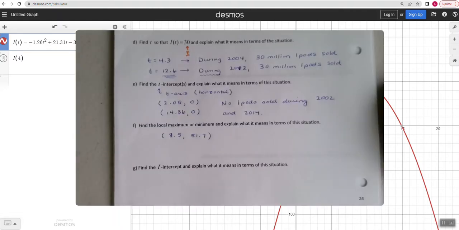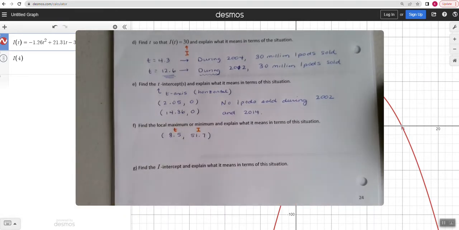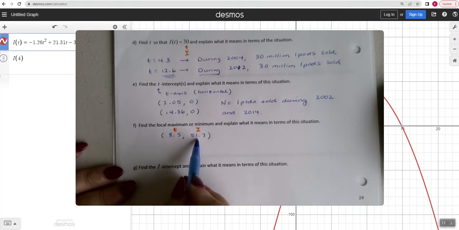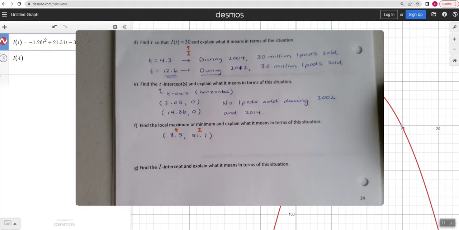Again, keep in mind, input is t, output is I, right? So we'd be during the year 2008. The sales of iPods would reach a maximum. The most iPods were sold during 2008. And according to our model here, during that year, that number was about 51.7 million.